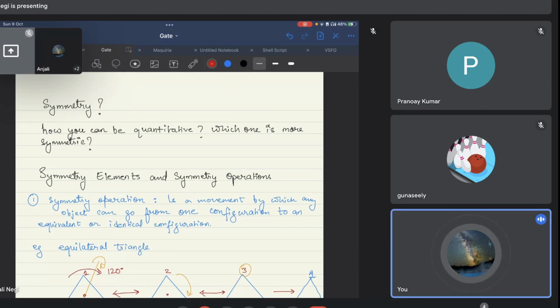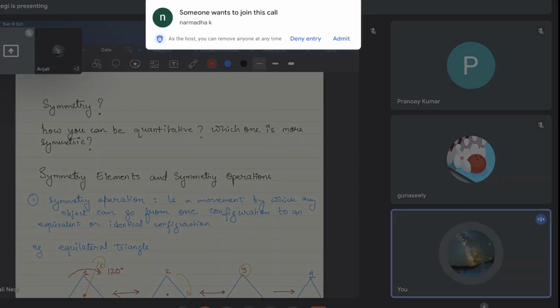As in the last one, I discussed symmetry. The symmetry that you see around yourself, and so the question is, in a molecule or in particular atoms in a structure like complexes, how can you be quantitative about it, like which one is having more symmetry.